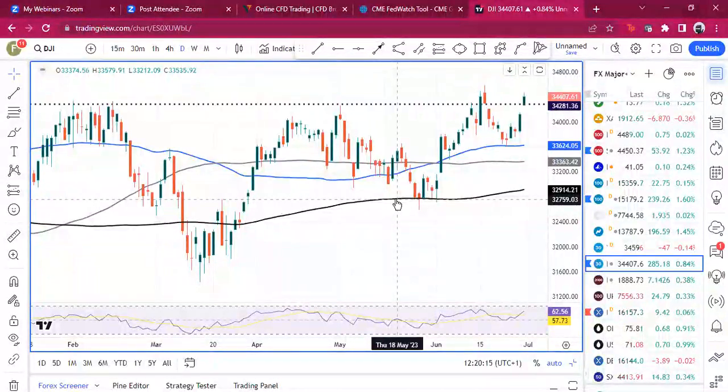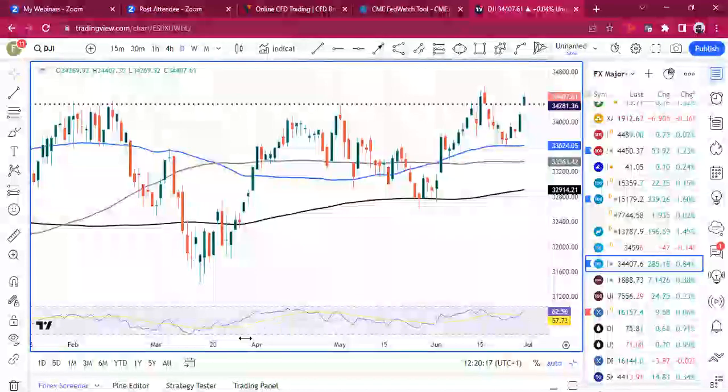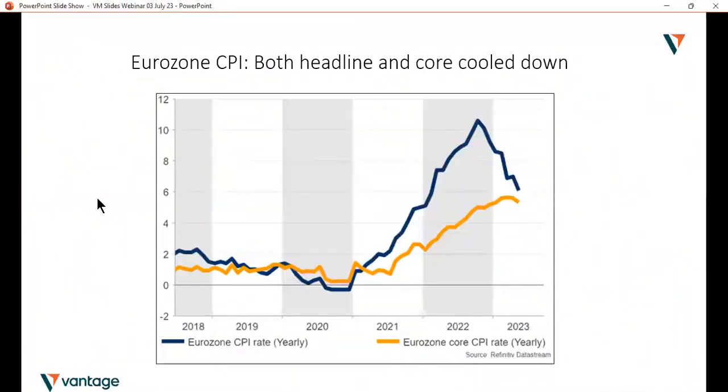Okay, moving on then, let's go to a brief recap of some of the important data from last week. First of all, you can see this chart here, which is the Eurozone CPI, really important for the euro. This kind of data, obviously inflation data, dropped. The headline dropped from 6.1% in May to 5.5% in June. So the thick blue line is the headline rate, dropping to 5.5%.